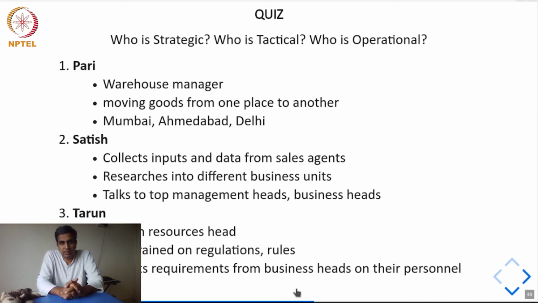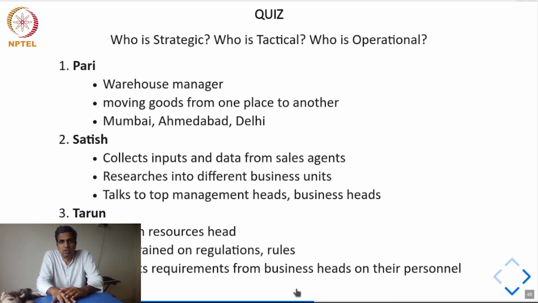Similar to Satish, he also collects requirements from business heads, but the only difference is that it is only on their personnel needs, personnel with a double N. He looks at all the requirements from business heads on their personnel needs: what all people they need in the future, what people will be needed in the near term future on their projects, in running the organization, in whatever else. So Tarun collects all the requirements on personnel needs.